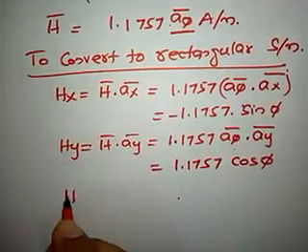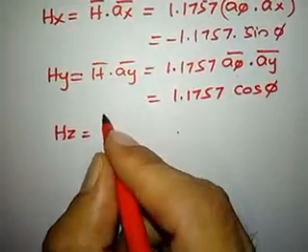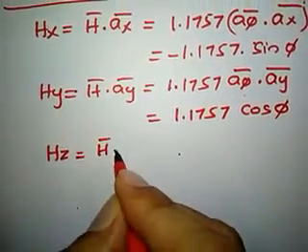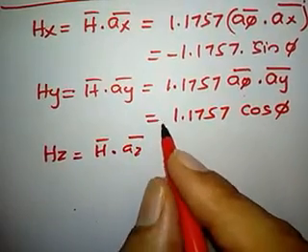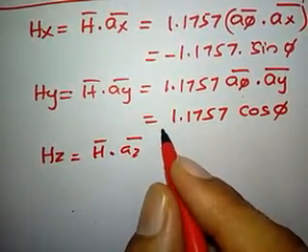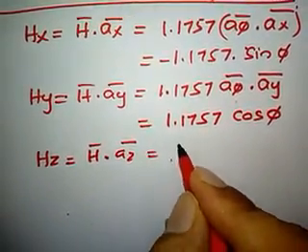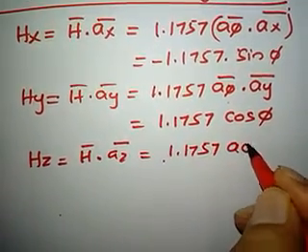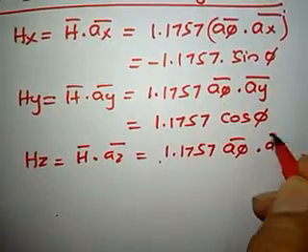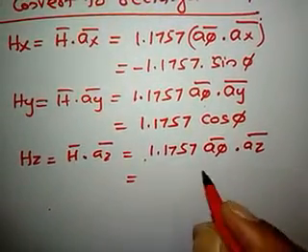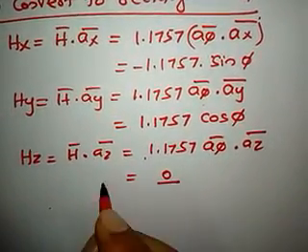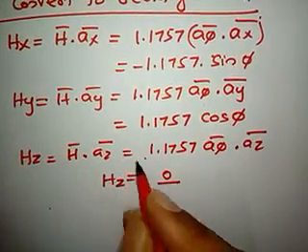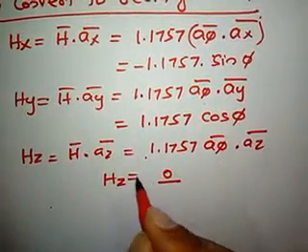The Hz component is H bar dot Az bar. So this will be equal to 1.1757 Aφ bar dot Az bar. Aφ bar dot Az bar is 0 from the dot operator table, so Hz is 0.